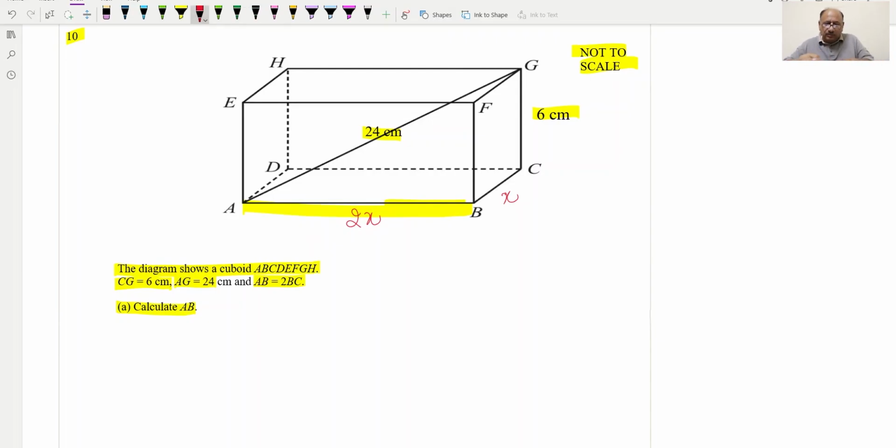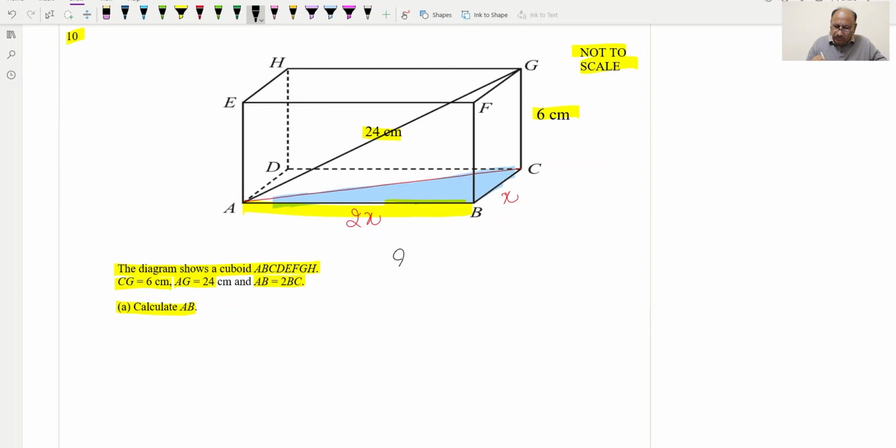Now we can understand by drawing this AC. So AC will be this one, and if we consider this lower triangle first, to find AC we will use x and 2x values.